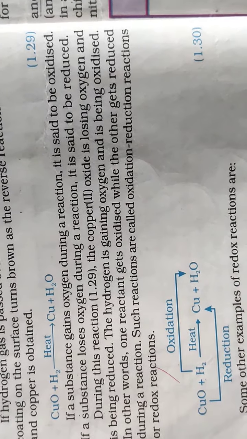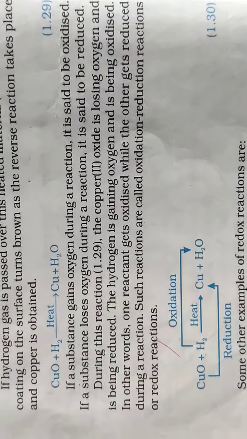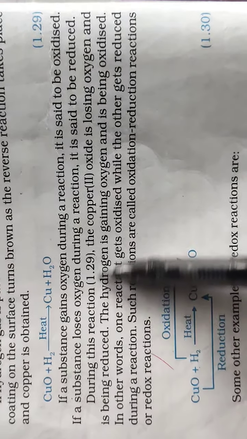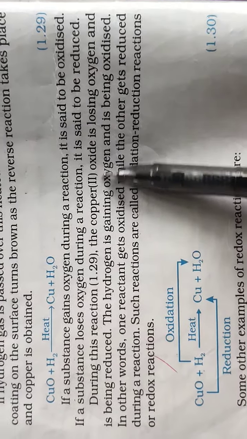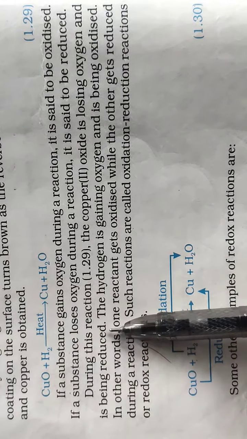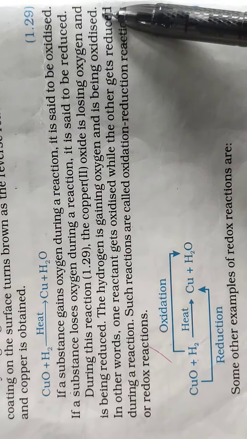But there are other conditions also that I have already told you, so remember those other conditions also. During this reaction, the copper oxide is losing oxygen and is being reduced. The hydrogen is getting oxygen and is being oxidized.